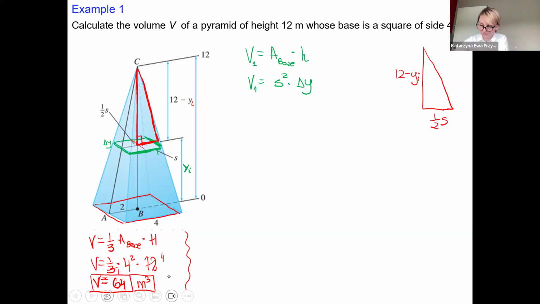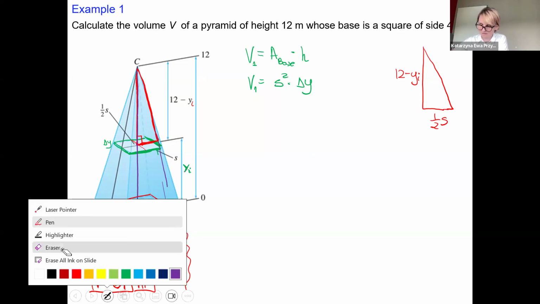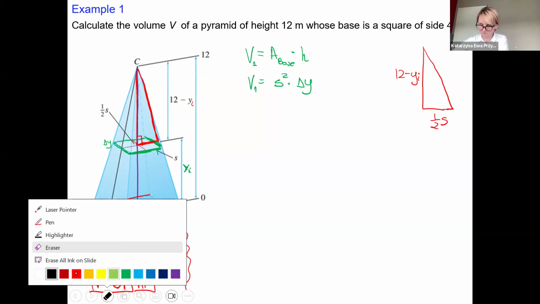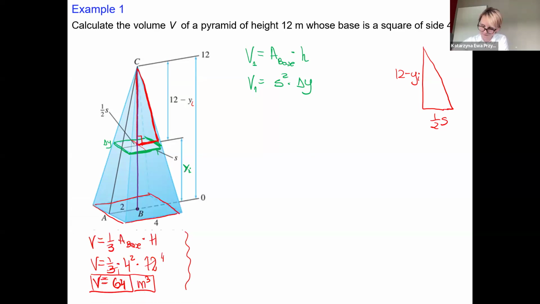Now I will take the big triangle, the entire height, the entire half. The hypotenuse will be here, because the blue one is the edge, and this is also the right angle.